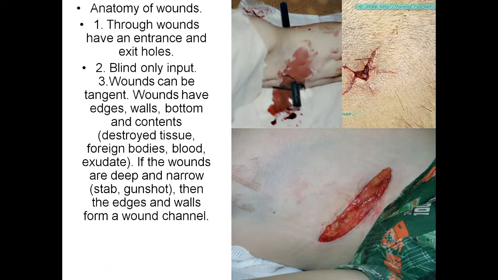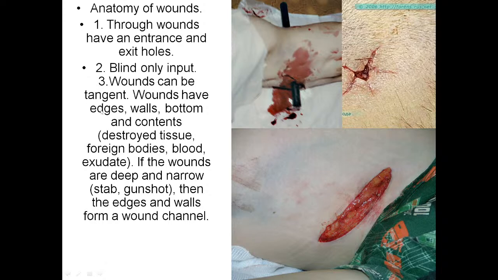The second type of wound is blind wounds, like the second picture. And you can see these blind wounds have only an input, entrance hole, and no exit hole. And the third type of wounds, wounds can be tangent.